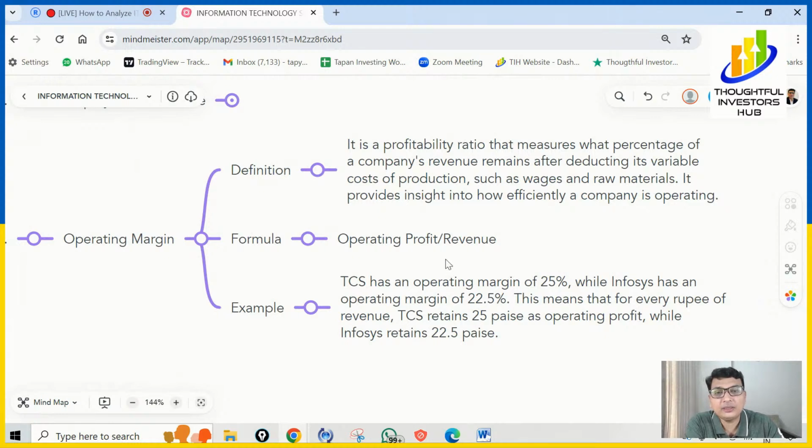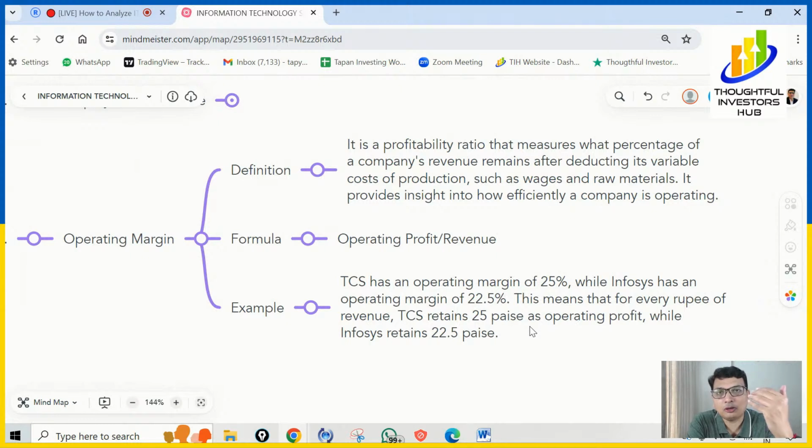So operating profit divided by revenue. TCS has an operating profit margin of 25, Infosys 22.5. That is, for every rupee of revenue, TCS retained 25 paisa as profit, while Infosys retained 22.5 paisa. So higher the operating margin, better for the company. As simple as that.